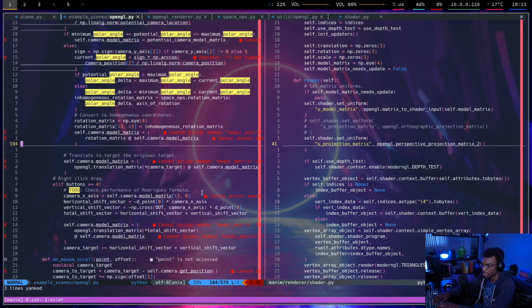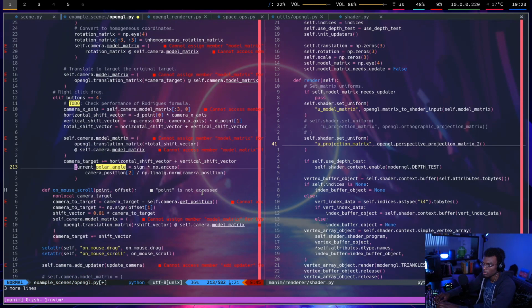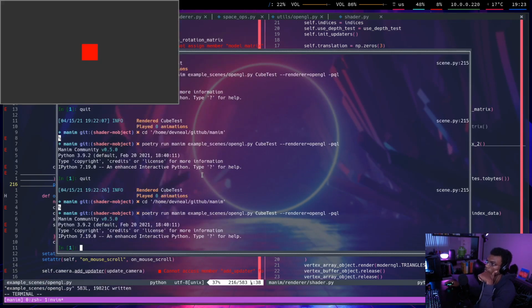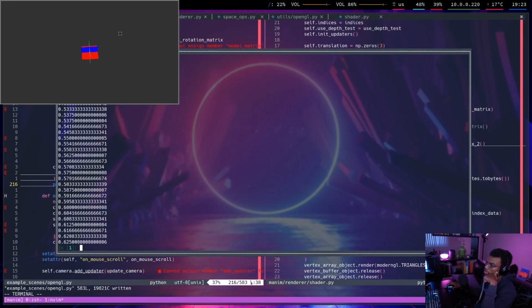Yeah, I'm just gonna print this. So this should be the angle off the z-axis. And here it's maxing out at pi over 2, which is correct.